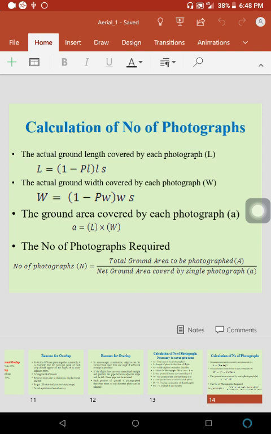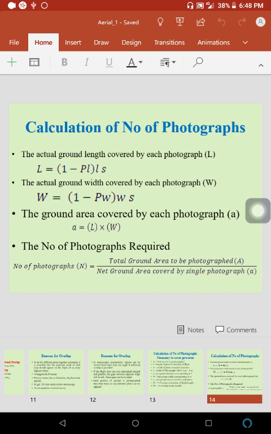Likewise, you can also find out the actual ground width covered by each photograph. Here the capital letter W is used to denote the actual ground width covered by the single photograph. Capital W is equal to (1 minus P suffix W) into w into S, where PW is the lateral overlap.